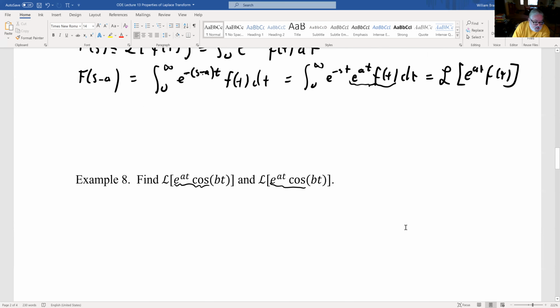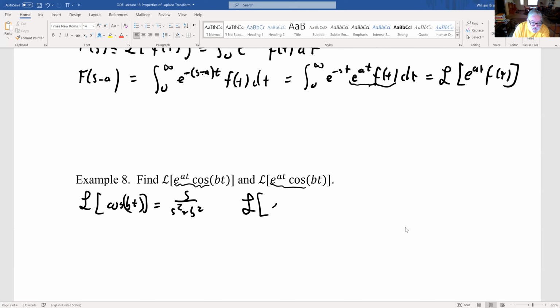So we know the Laplace transform of cosine bt is s over s squared plus b squared. The Laplace transform of e to the at cosine bt, which we saw a lot in solving homogeneous second order differential equations, all that the multiplication by the e to the at does is shift the s's to s minus a's.